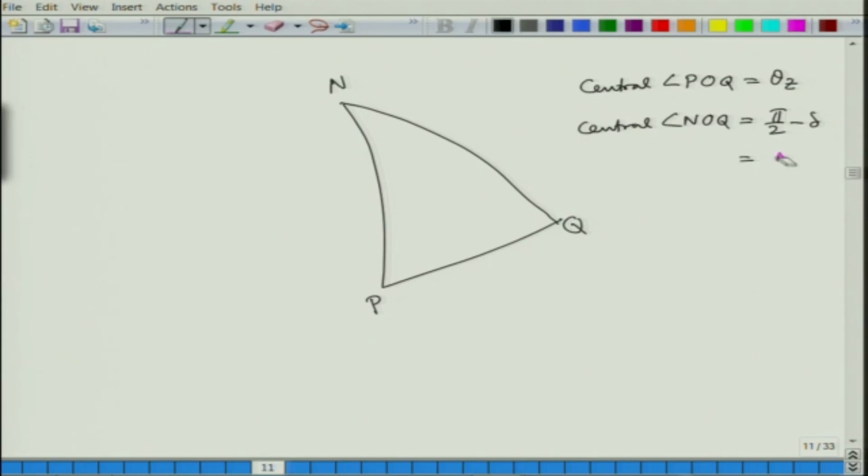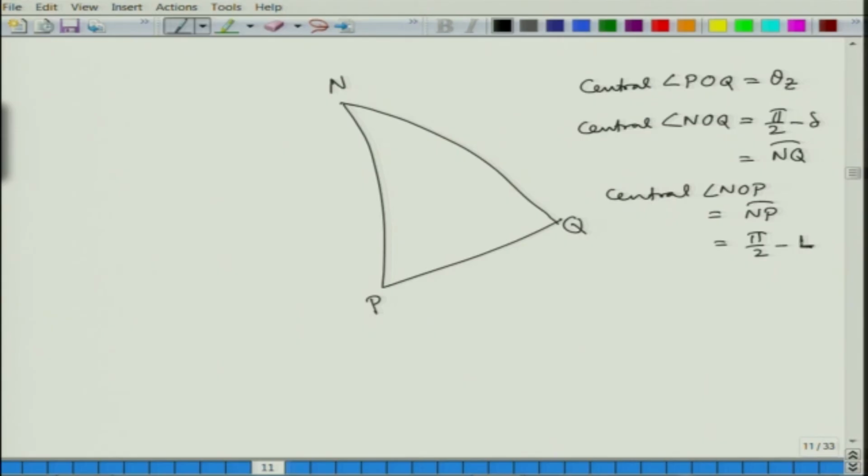This is nothing but the arc NQ on the surface. Now, the other central angle we have is angle NOP, and that is our curve NP, and this is pi by 2 minus L.